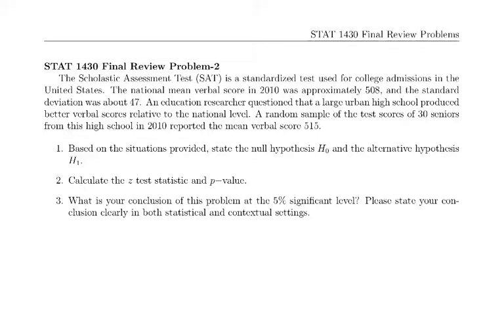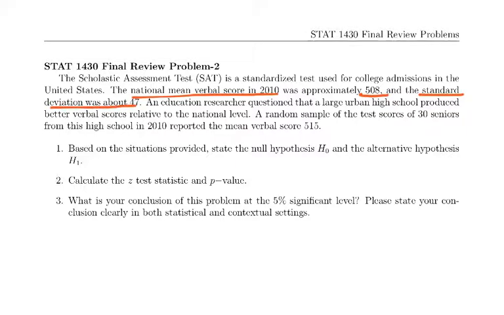Now we look at the second problem, which concerns the SAT. The SAT is a standardized test used for college admissions in the United States. The national mean verbal score in 2010 was approximately 508, and the standard deviation was about 47.